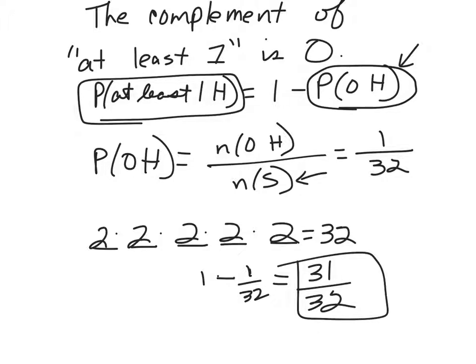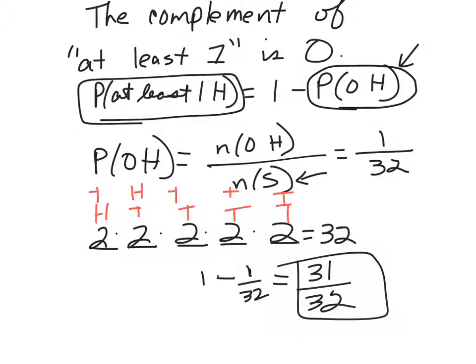If I got a head in the first blank and a tail in all others, that's 1 head. If I got a head in the second blank and tails on all others, that's another way. Or the head could be in the third blank, the fourth blank, or the fifth blank, and everything else be tails. So there's another 5 ways to get 1 head.